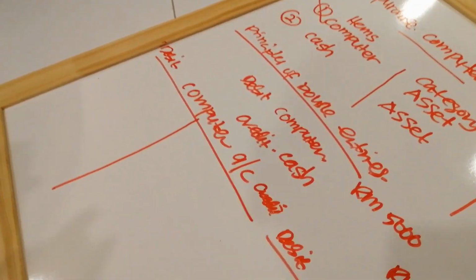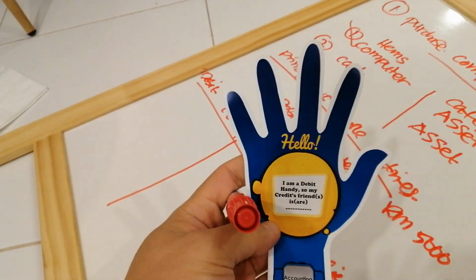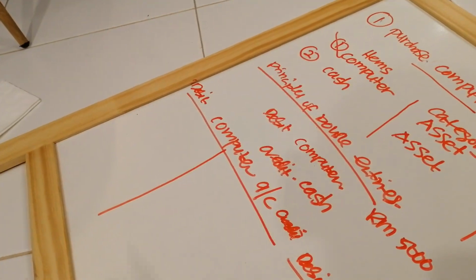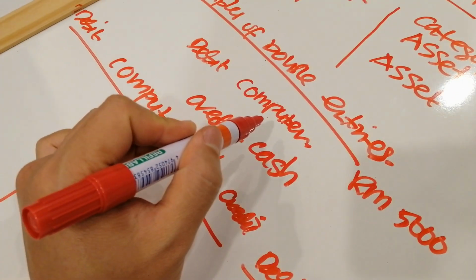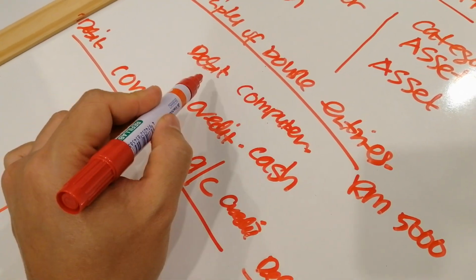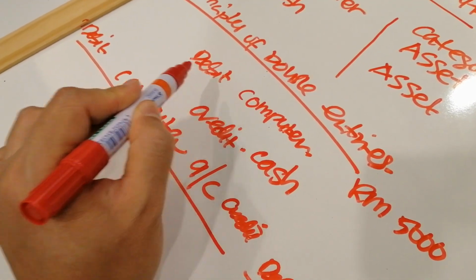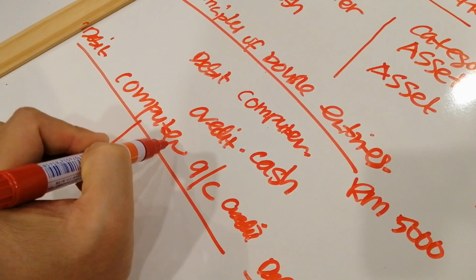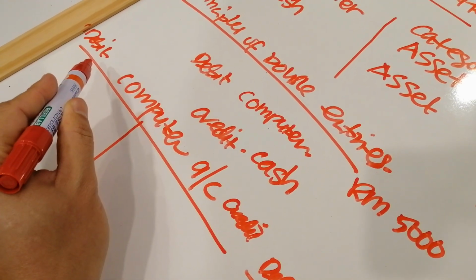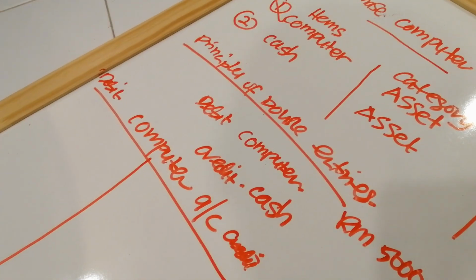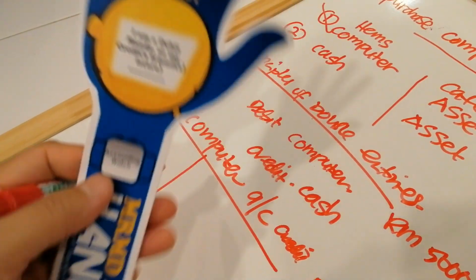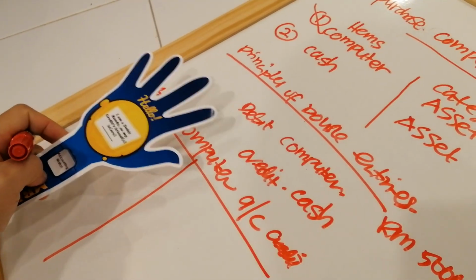Okay, how to use this handy? Computer is under debit. So you go to computer account, you go to debit side. You take debit handy, you put under debit side.